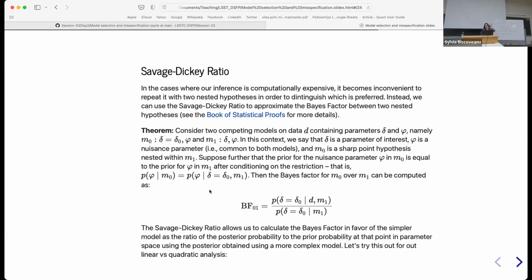And it turns out that using the ratio of the posterior at the specific value of our parameter that corresponds to the nested hypothesis calculated under our full model, divided by the prior on that parameter, gives us the Bayes factor.